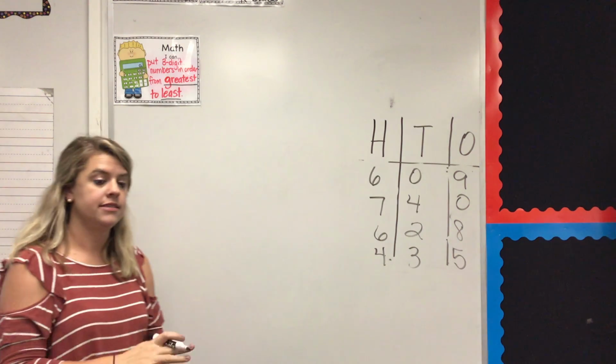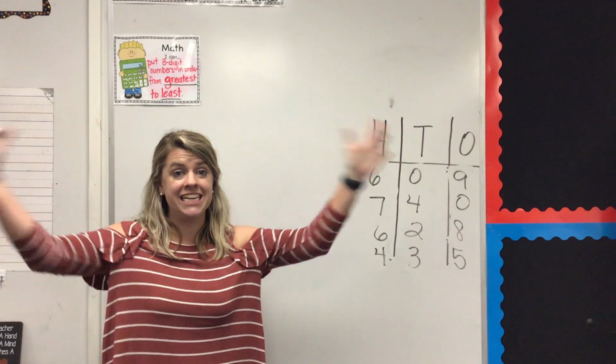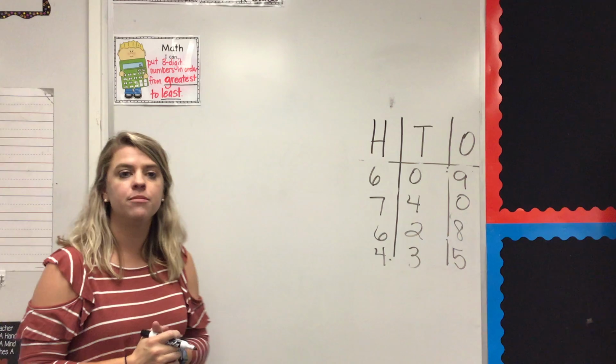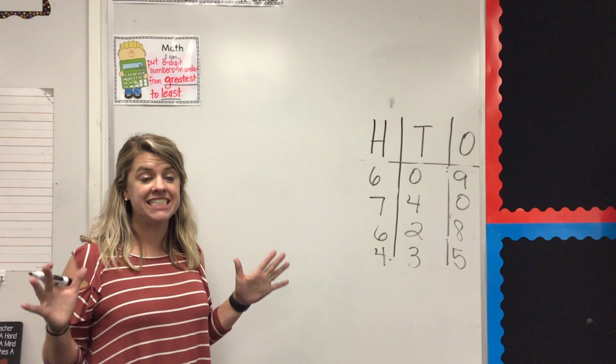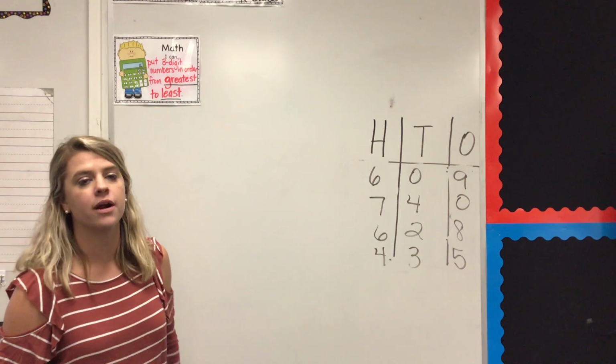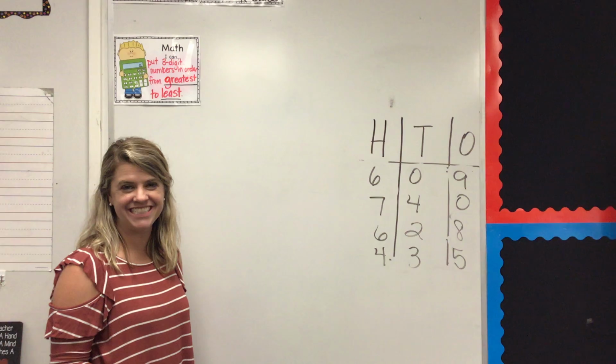All right, I want you to write your numbers in order from greatest to least. So pause your video, write your numbers in order from greatest to least. Remember, if you get to one that has the same number of hundreds, go next door, okay? When you're finished, come on back and see if you got them correct.